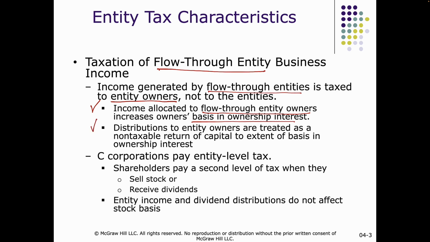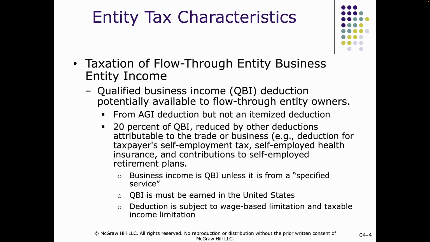Consequently, the distributions to the entity's owners are treated as a non-taxable return of capital to the extent of the basis in the ownership interest. Now, C corporations pay entity-level taxes. So shareholders additionally pay a second level, double taxation, when they sell stock or receive dividends. And entity income and dividend distributions do not impact your stock basis.